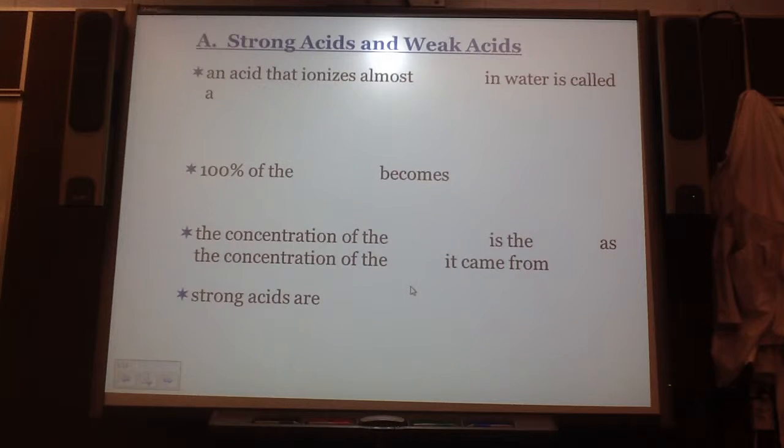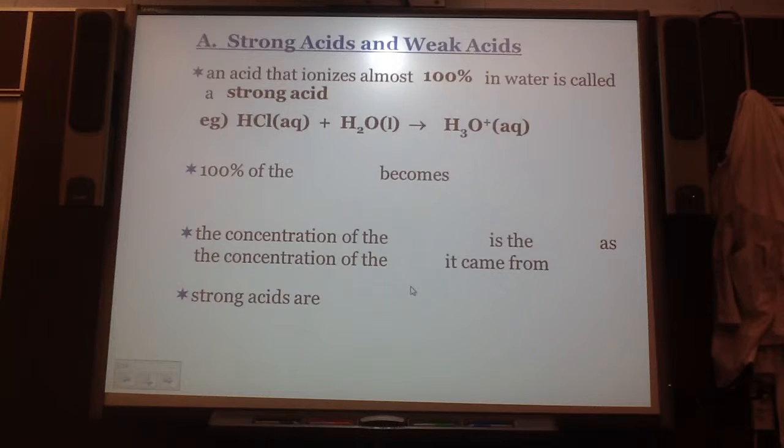So an acid that ionizes almost 100% in water. Think about that. It ionizes almost 100%. That means it really wants to react with water to make the H3O+. It is called a strong acid. So for example, HCl aqueous, with H2O liquid, makes H3O+ aqueous and Cl- aqueous.